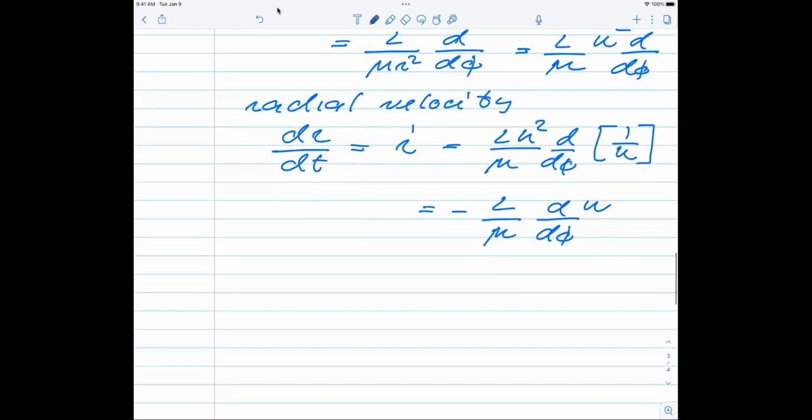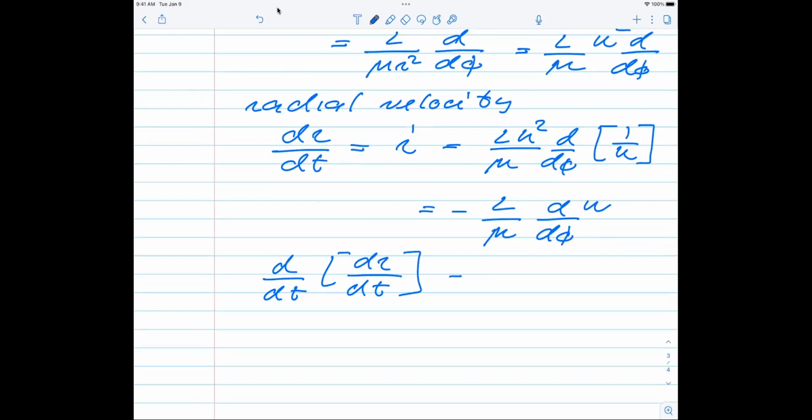So what we want at the end is d dt of dr dt. This is the final step which we want. And we want this written out in terms of this quantity u and the angle phi.